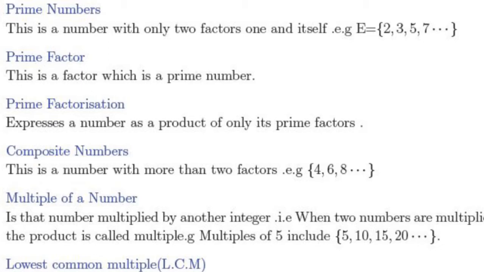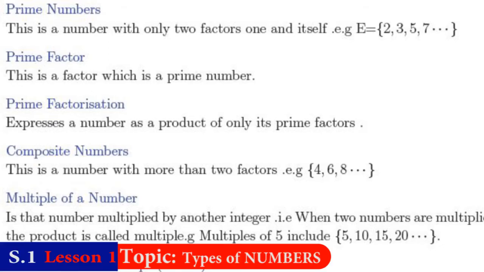For example, in the set you see there, the prime numbers are 2, 3, 5, and 7. The set is continuous, but when you look at it, 2 has only 2 factors, that is 2 and 1. 3 has only 1 and itself. 7 has only 1 and itself.